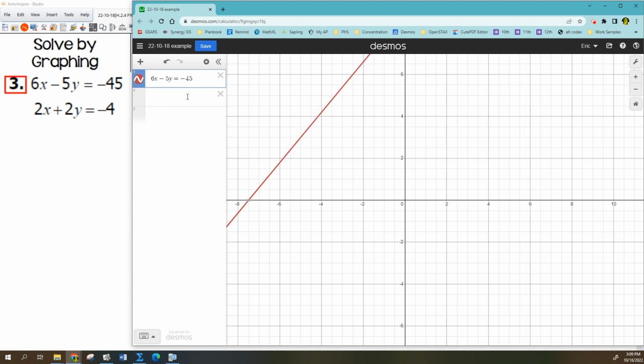There's the line. 2x plus 2y equals negative 4. There's the line. And there's the intersection. So that's my solution, right? Very simple.